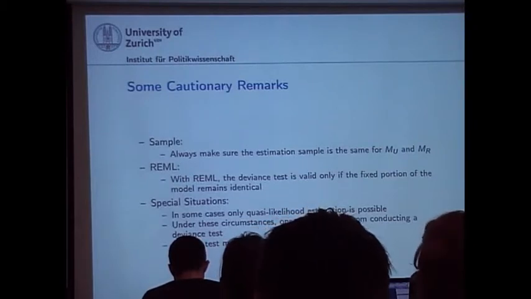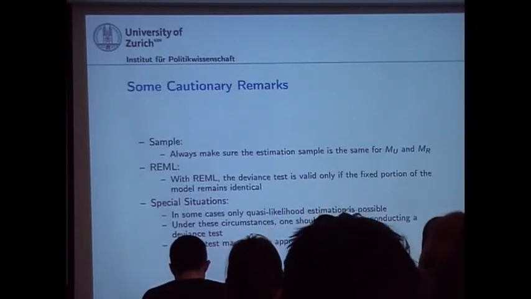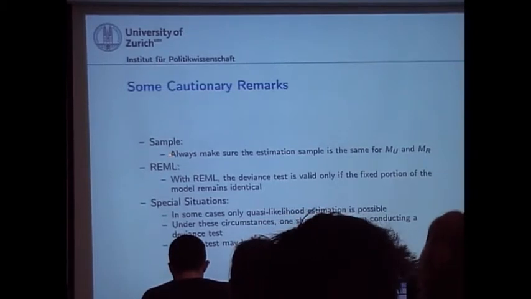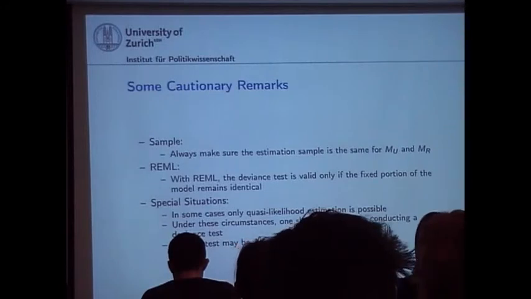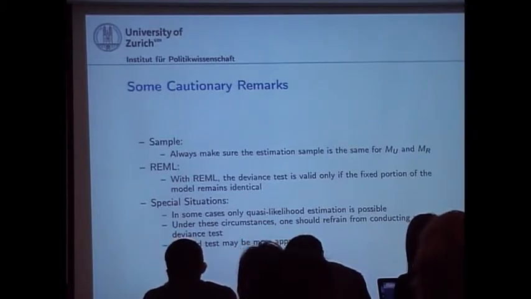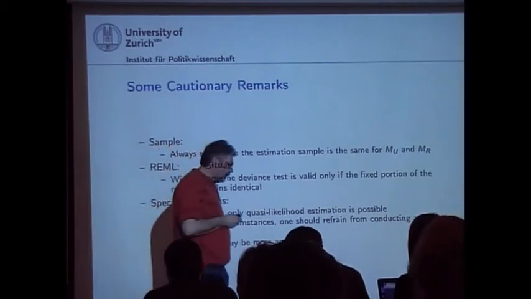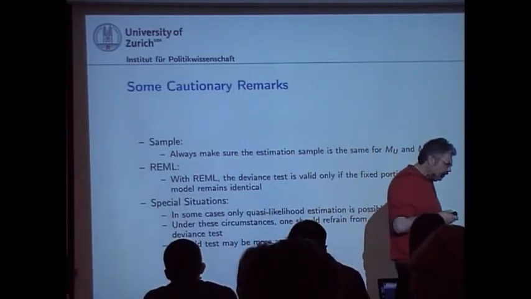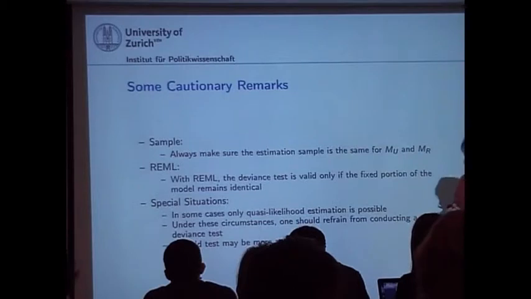Now here come some cautionary remarks. Always make sure that the same number of cases is involved in MU and MR. When you do the LR test command, you will actually get a warning if that's not true. But if you do it by hand, you will potentially run into trouble.